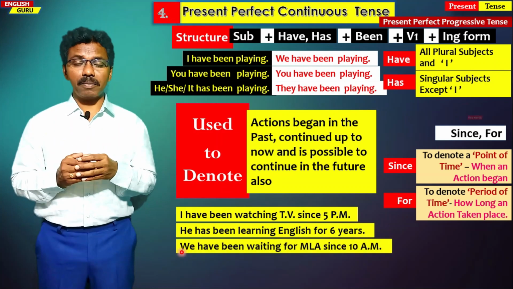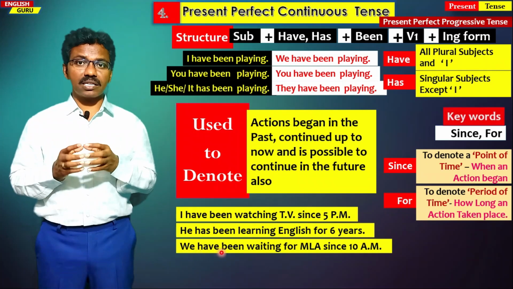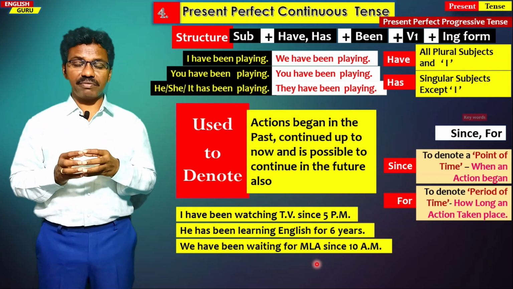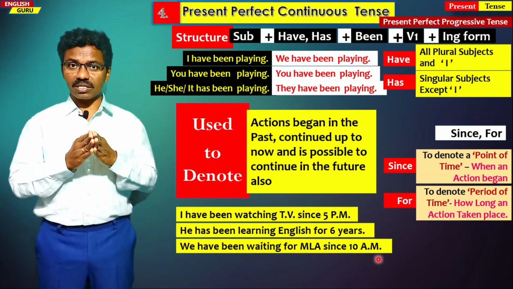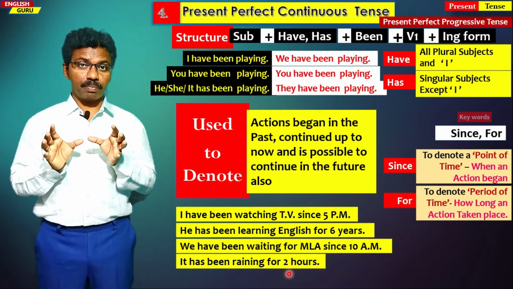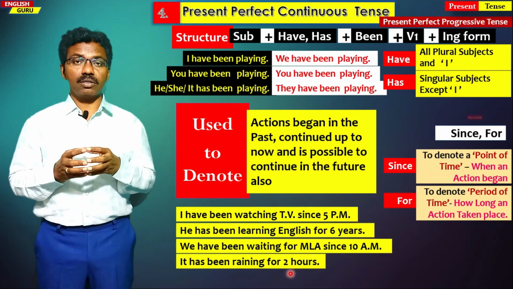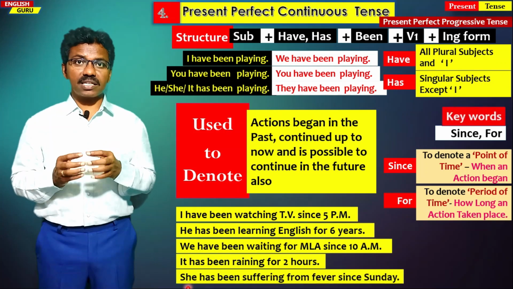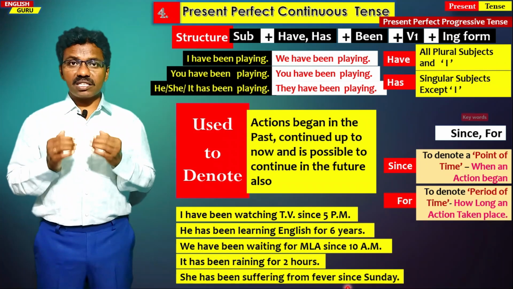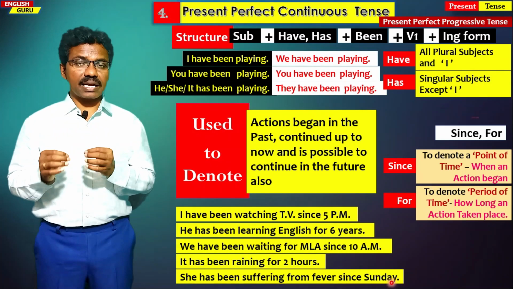In a similar manner, in the next sentences, we have been waiting for Amelia since 10 a.m. The activity started at 10 a.m. So since. In the next sentence, it has been raining for 2 hours. Period of time, 2 hours. So for 2 hours. In the next sentence, she has been suffering from fever since Sunday.